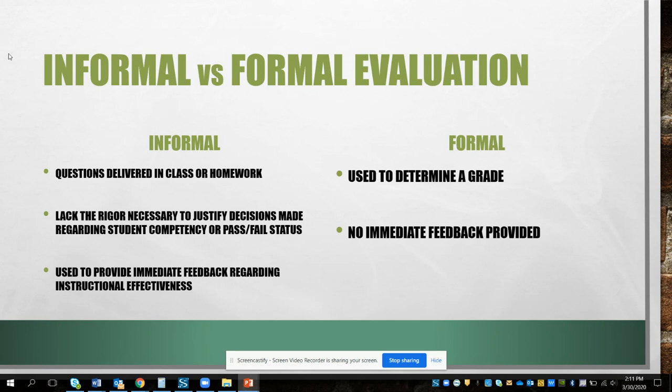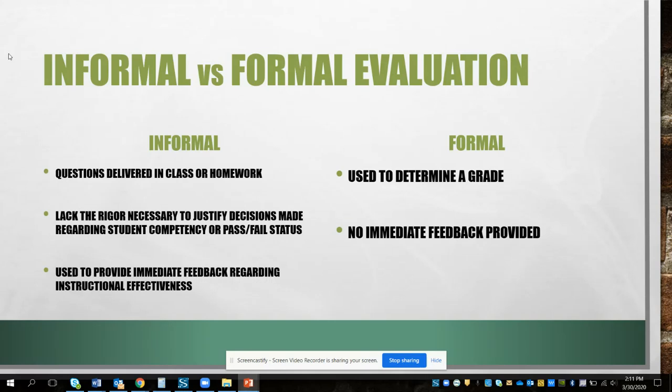So a lot of information to be gained when you're doing an informal evaluation. So you can use these to help the student. Okay, so when they don't know the answer to questions, this is the time to help. This is the time to correct. This is the time to teach. This is the time to form.